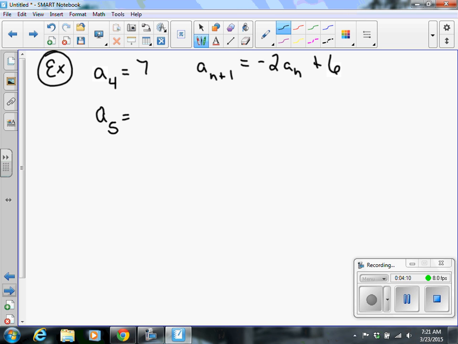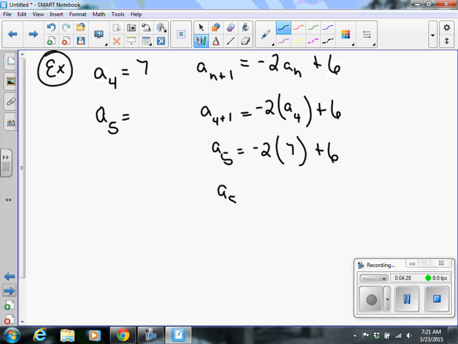Okay, I know all I'm doing is plugging in my a4. So I have a(4+1) equals negative 2 times a4 plus 6. So that's really a5 equals negative 2 times 7 plus 6. a5 is then negative 8.